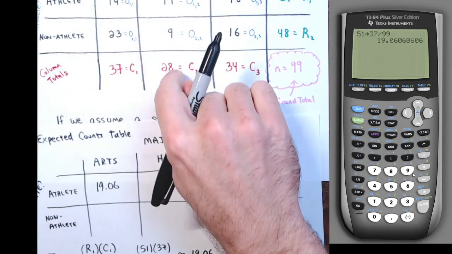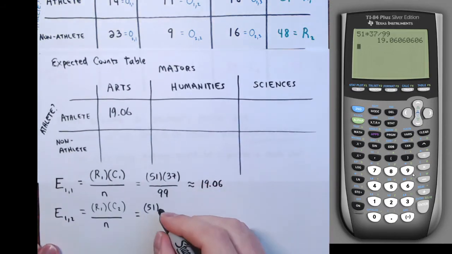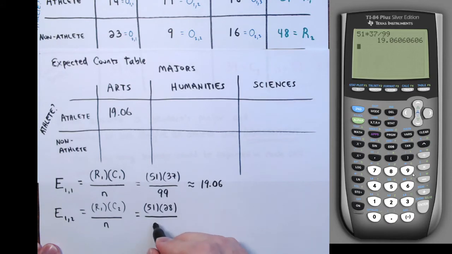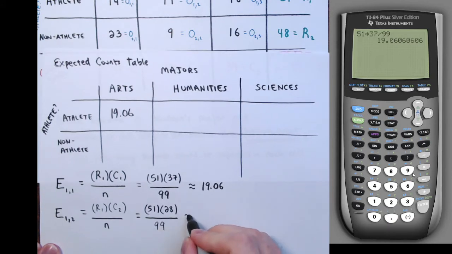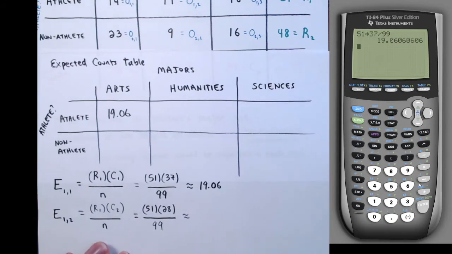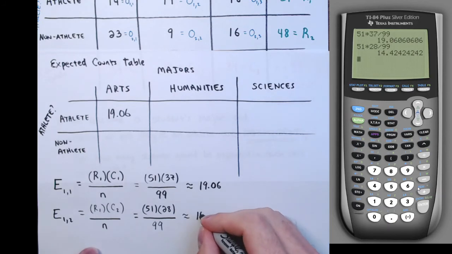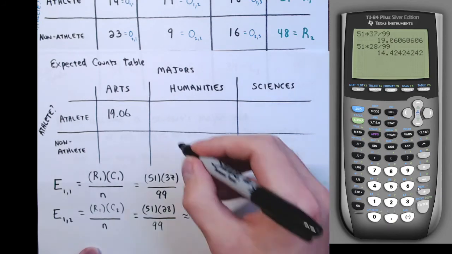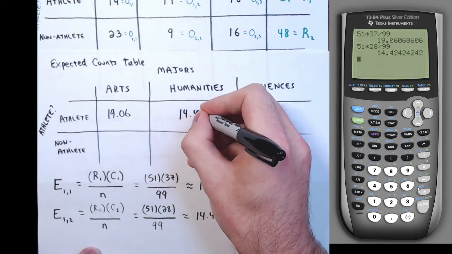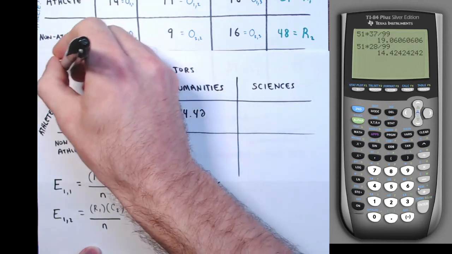That second column total was 28. So 51 times 28 divided by 99, right? The sample size. And I do this here. So 51 times 28 divided by 99. So approximately 14.42. So again, these are expected counts here.